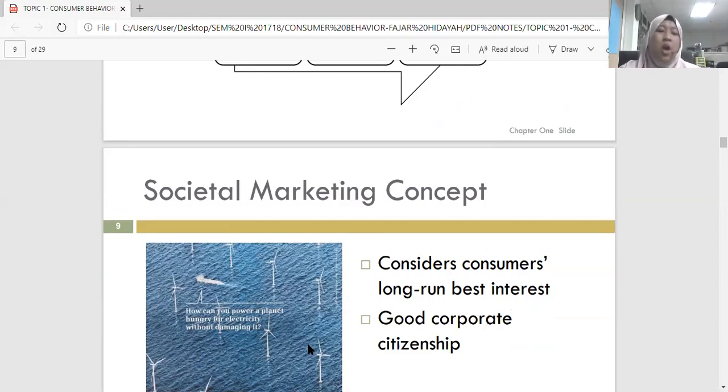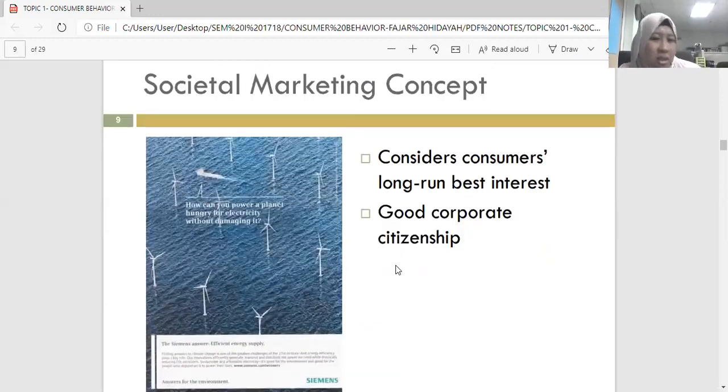Okay, so meaning to say when you have put something like a bond between the customer and the manufacturer or the marketers, actually that is what we say looking into CRM, customer relationship management. So you have to put something like a good interest between the customer and the marketers. Okay, and in here they say good corporate citizenship.